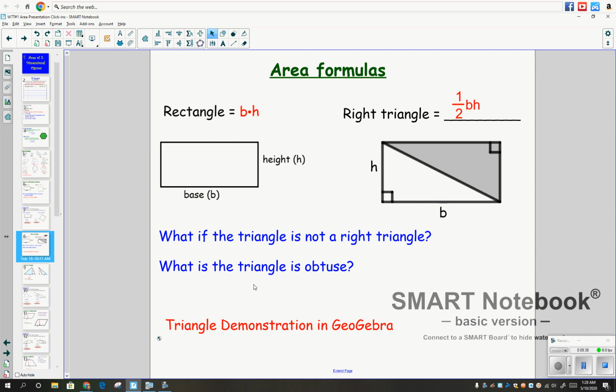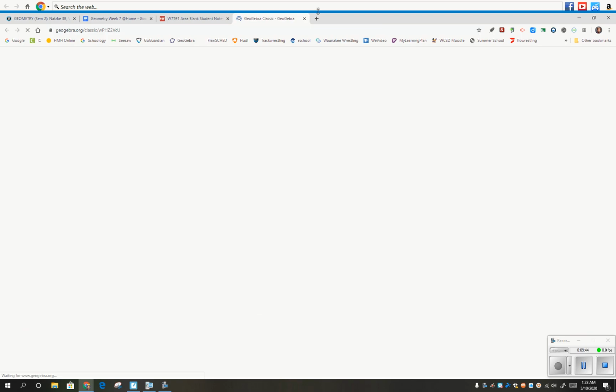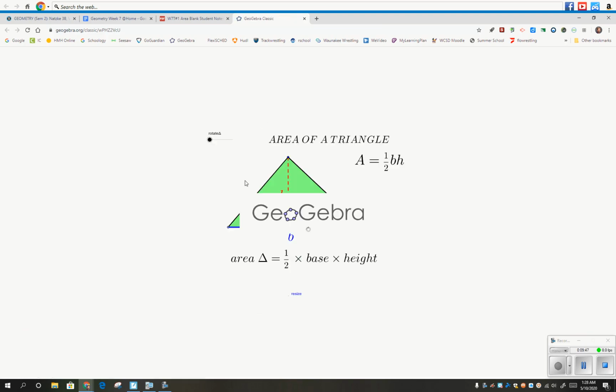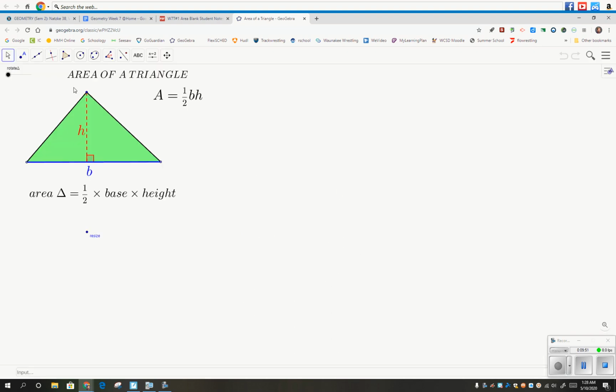What if the triangle's not a right triangle? What if it's acute? What if it's obtuse? Got a little demonstration here using GeoGebra. Do you think 1/2 base times height works for all triangles? Well, notice and watch as I rotate this. I'm drawing in the height, which is the altitude of the triangle.